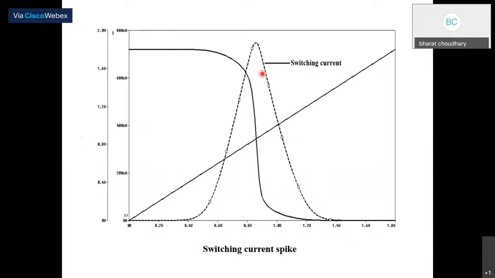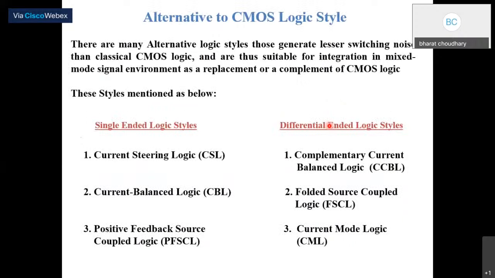This current is significant if we are using lower technology nodes, it is undesirable, and it contributes to noise in the circuit. So such styles are nowadays not preferred. There are some alternatives to such CMOS logic styles, and many alternative logic styles were introduced over time.